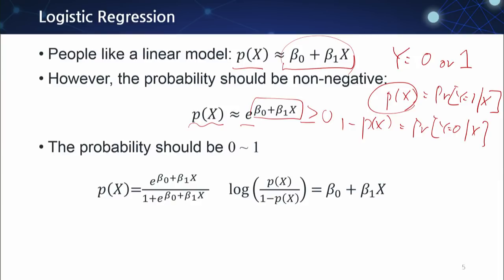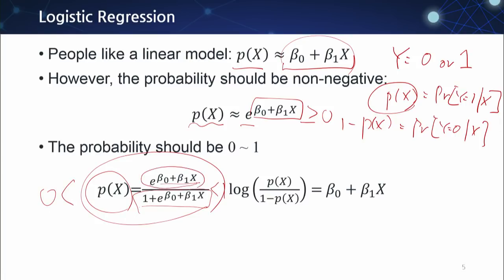So finally, p of x should be modeled in this way: p of x is equal to e to the beta 0 plus beta 1 x over 1 plus e to the beta 0 plus beta 1 x. With this form, p of x is strictly between 0 and 1.